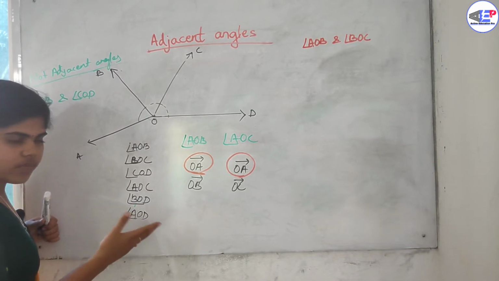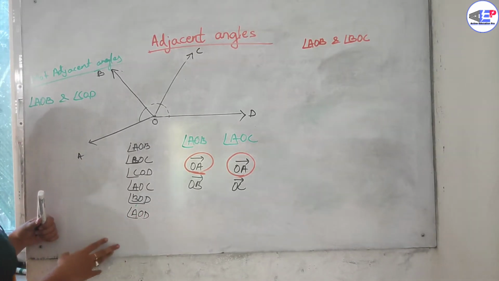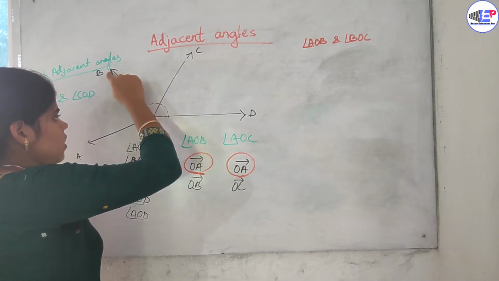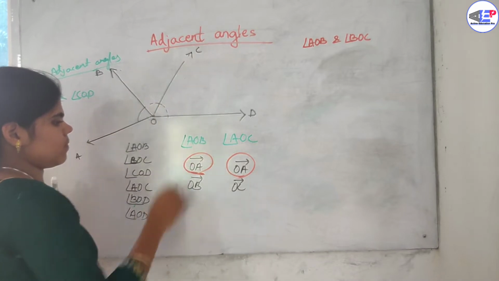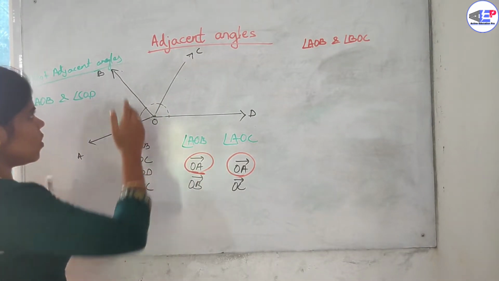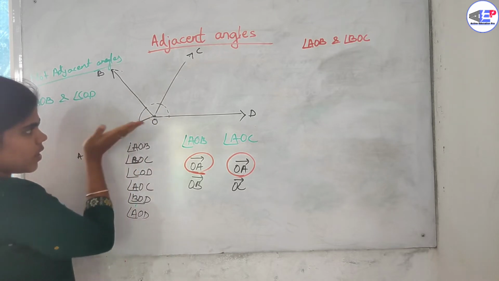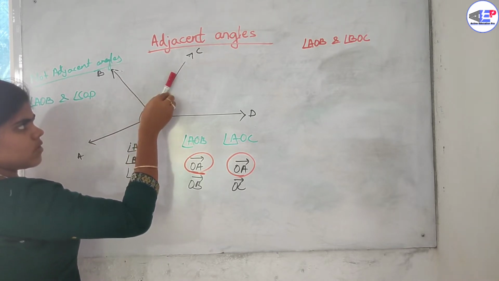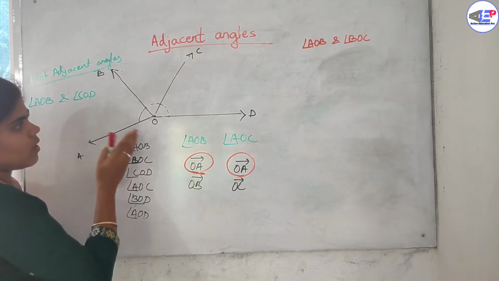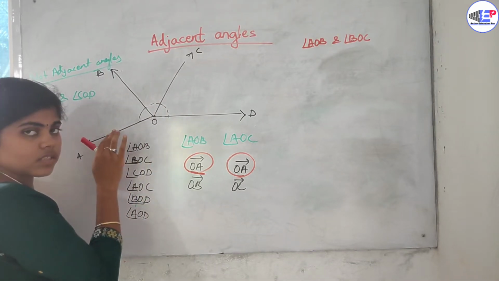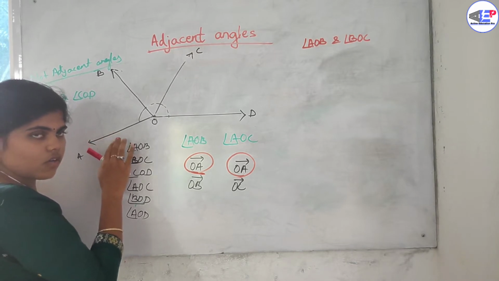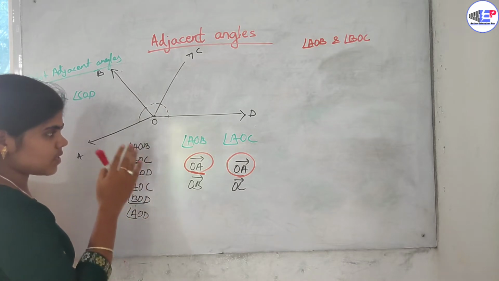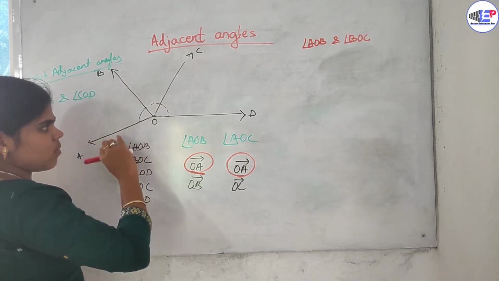Then move to the next condition of adjacent angles: the non-common arms must be present on each side of the common arm. Here OA is the common arm between AOB and AOC, and OB and OC are the non-common arms present on a single side of the common arm OA.